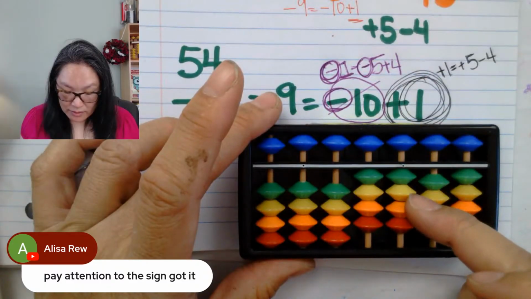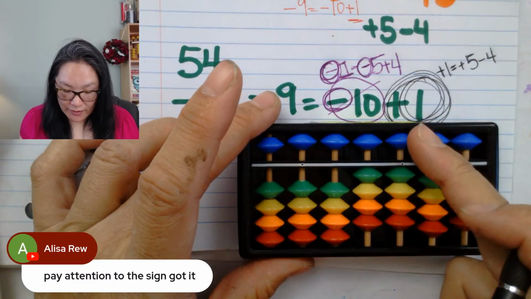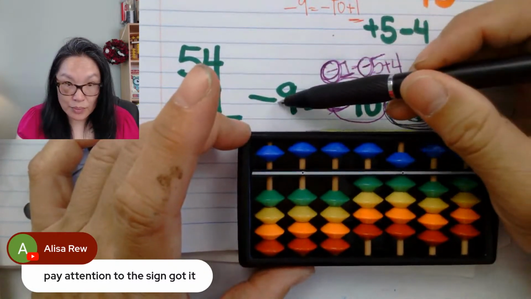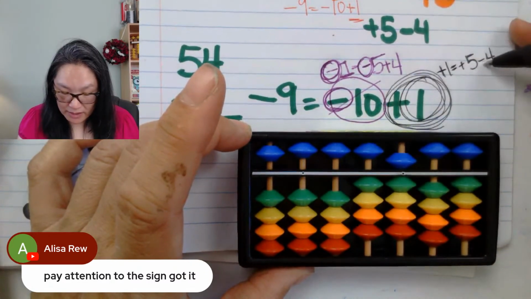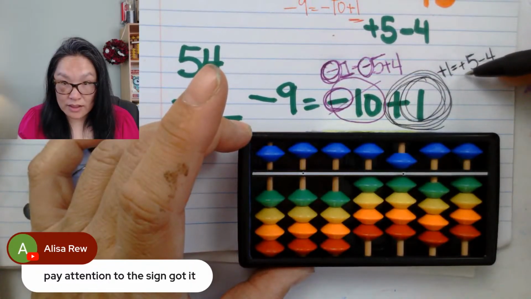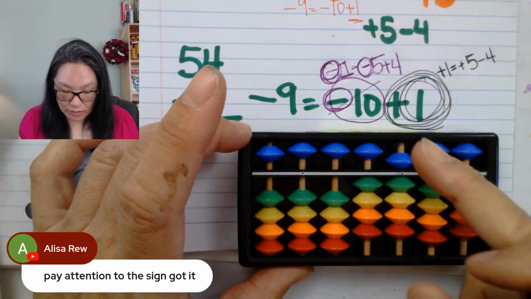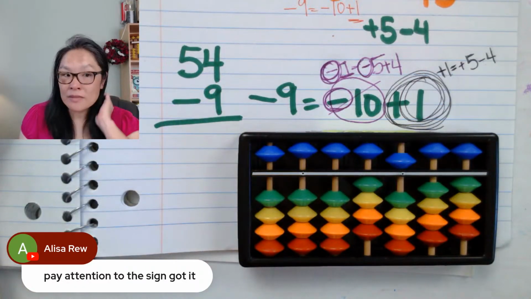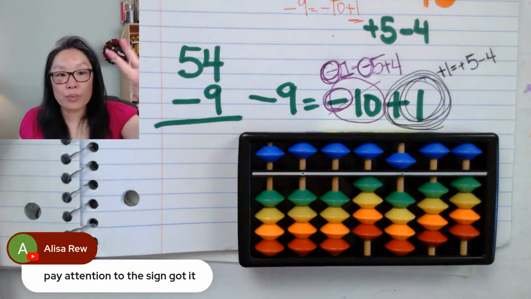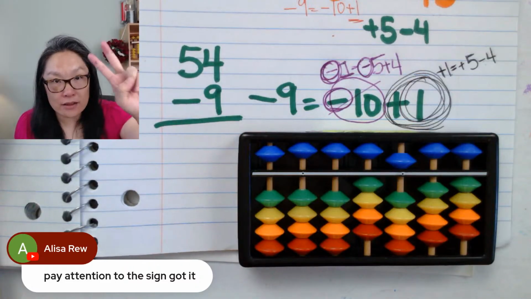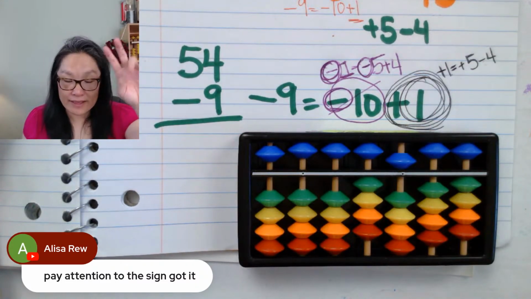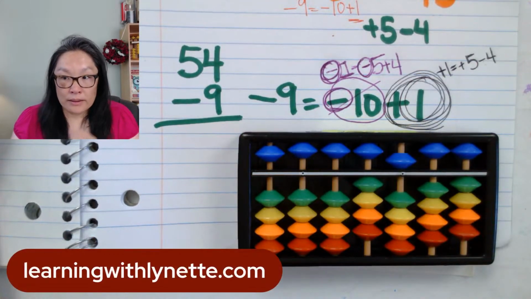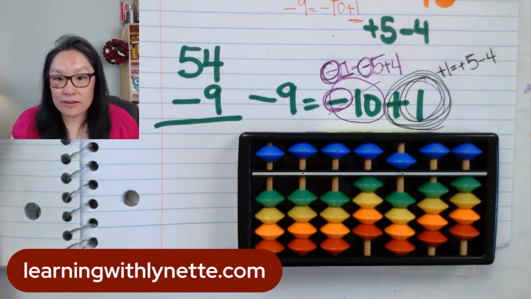Plus 1 cannot, I need to plus the 5. No, not minus 1. Plus 1, because this is the 1. Yes, minus the 4. Plus the 1 is equal to plus the 5 minus 4. This is a nice one because you use both friends, both plus the 5 and minus the 5 at the same time. Does that make sense?